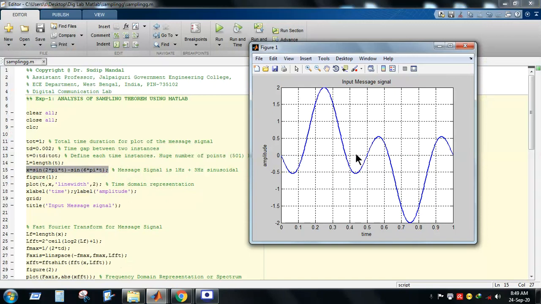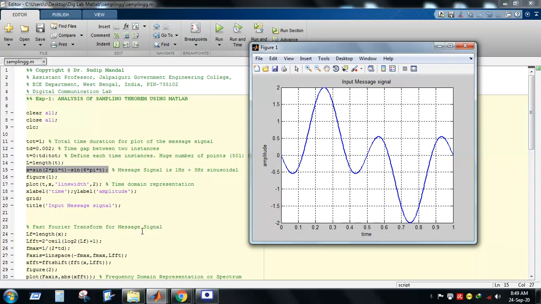Now to calculate the Fourier transform of this discrete signal, we need to use the DTFT, or discrete time Fourier transform, and the upgraded version is the fast Fourier transform. You will learn the details about the fast Fourier transform in the digital signal processing lab.